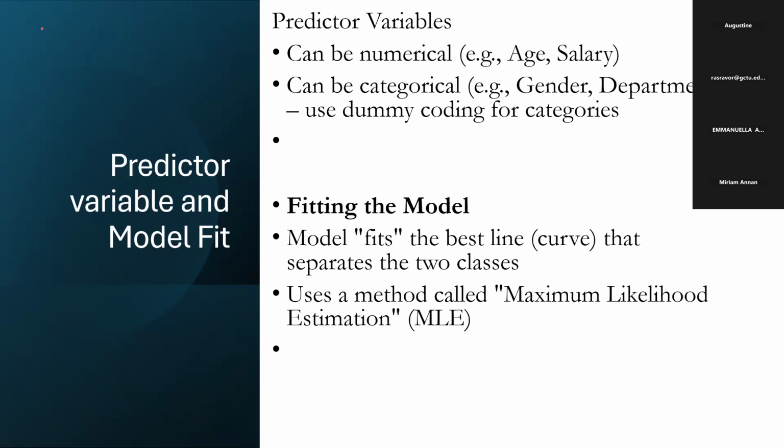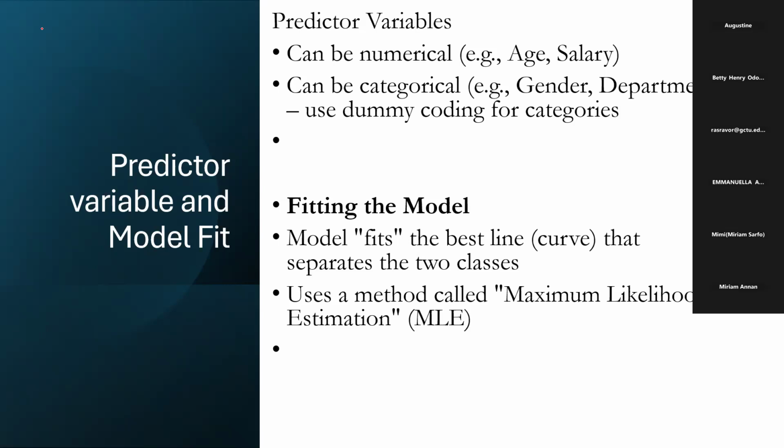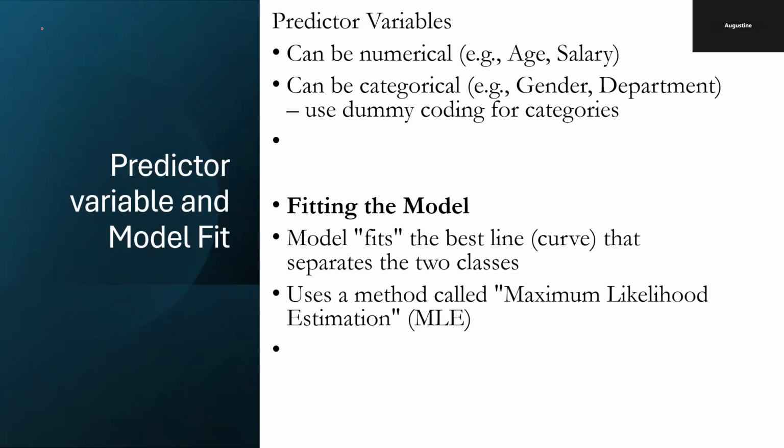What we do in the whole maximum likelihood is try to find an estimate that gives us the best in terms of the chances of an event happening.